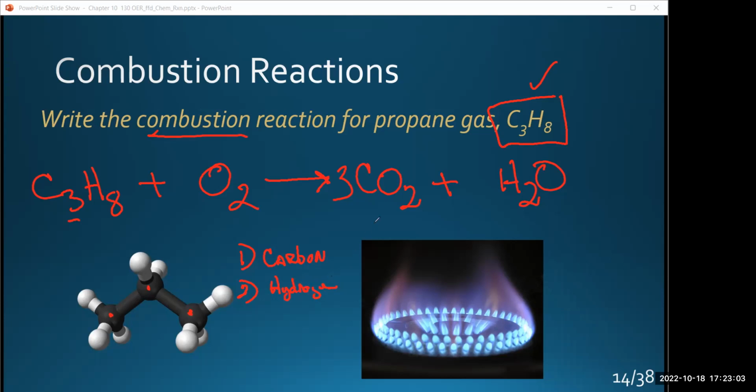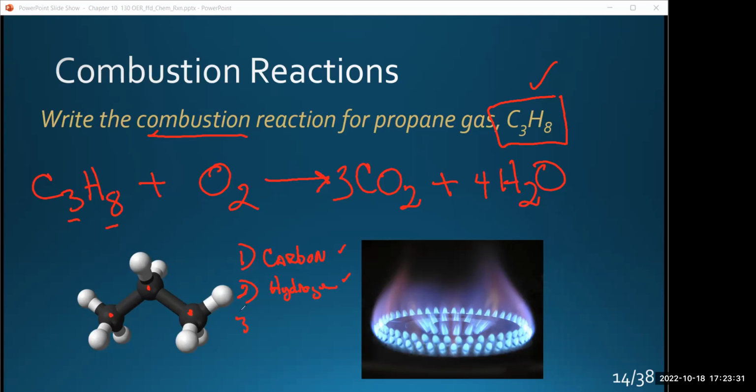Generally you start at the left-hand side again. That's the hydrocarbon. It's got 8 hydrogens. On the product side, the hydrogens are in the form of water, so I need 8. If I put a 4 in front of H2O, my hydrogens are now taken care of. So my carbons are taken care of, my hydrogens are taken care of.